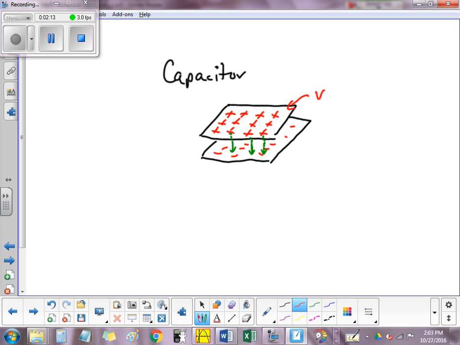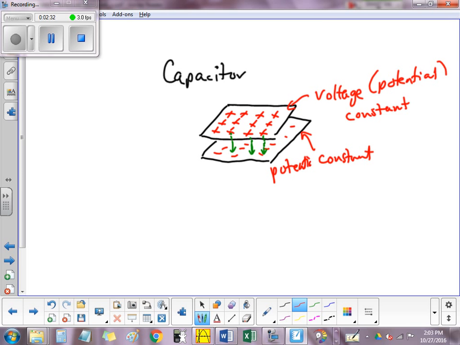The potential is constant, and that's true for both plates individually. And generally we make them equal and opposite.